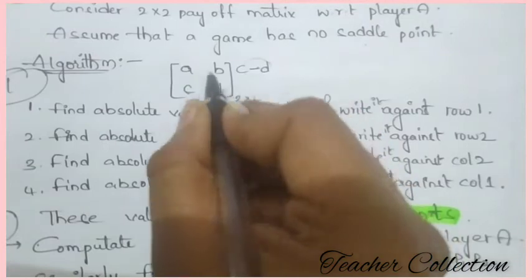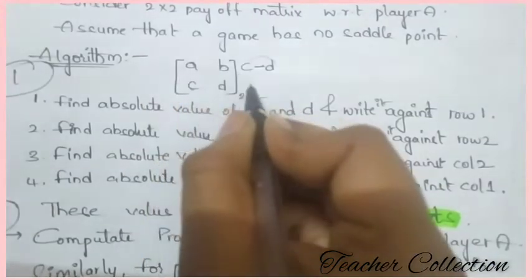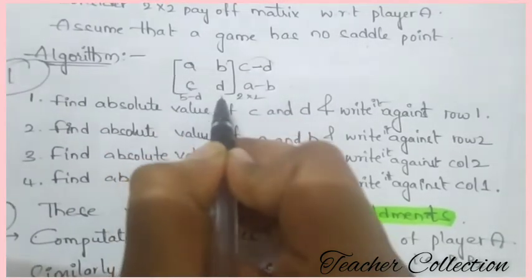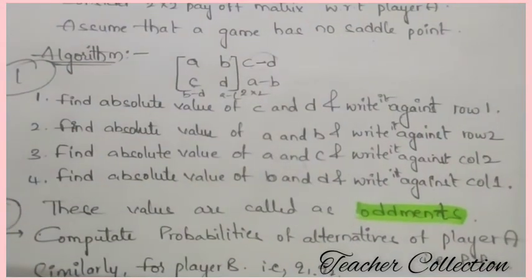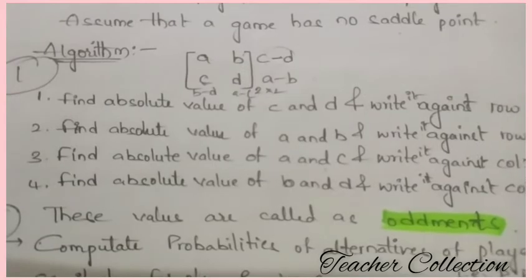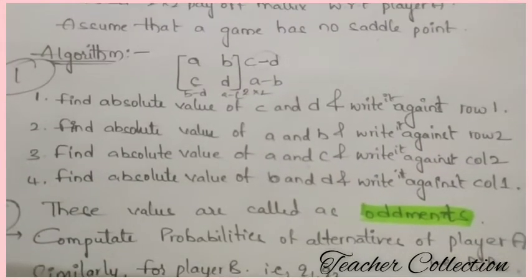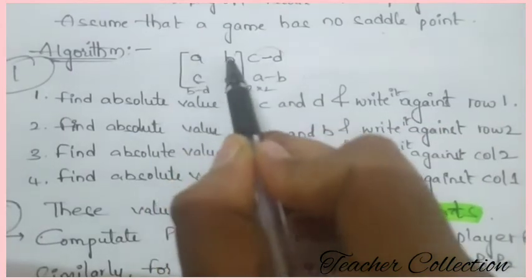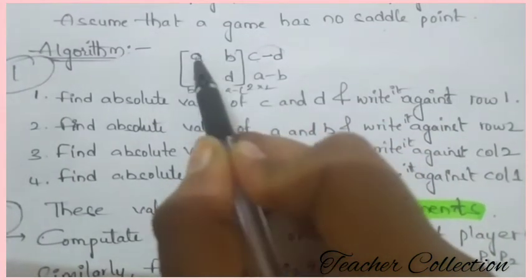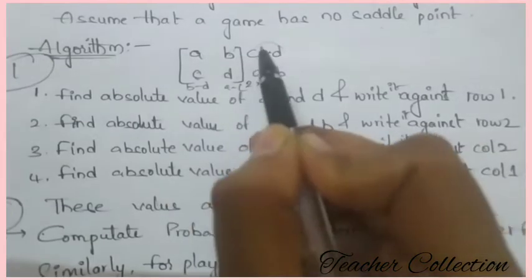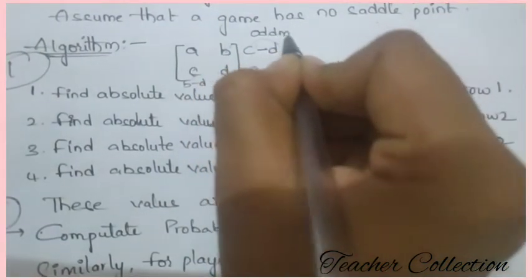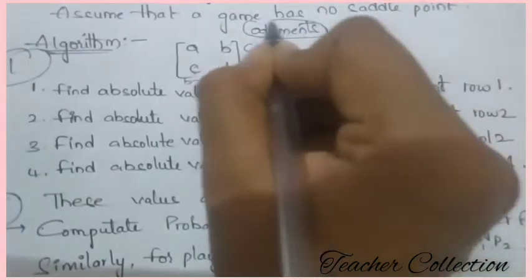Then find the absolute values of A and B, A minus B, and here B minus D, and here A minus C. Very simple. C minus D here, A minus B here, B minus D here, A minus C here. These values are called oddments.